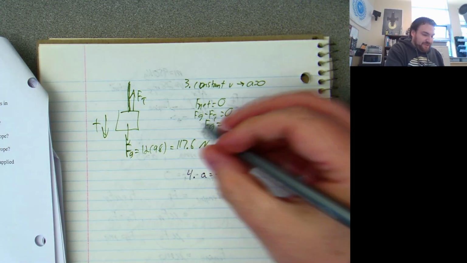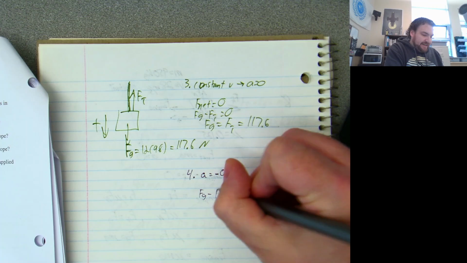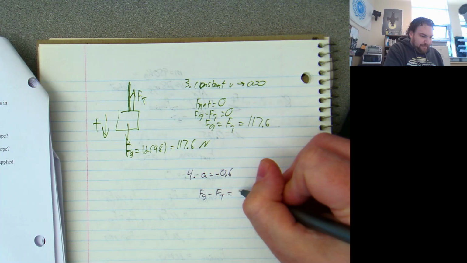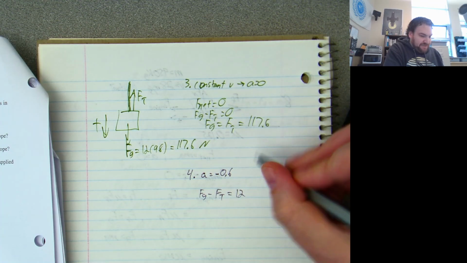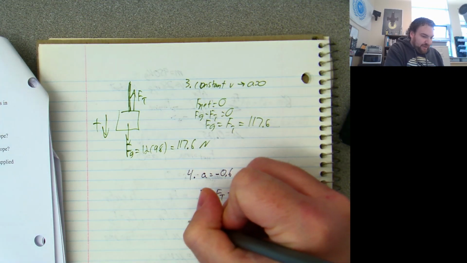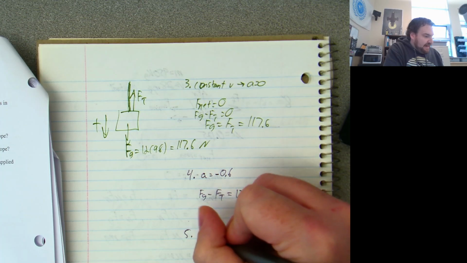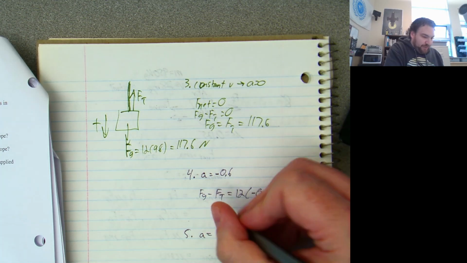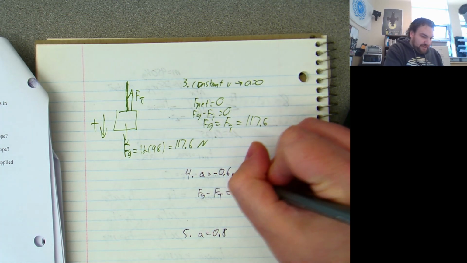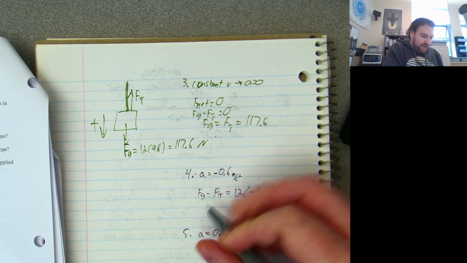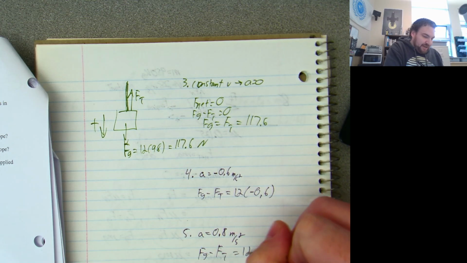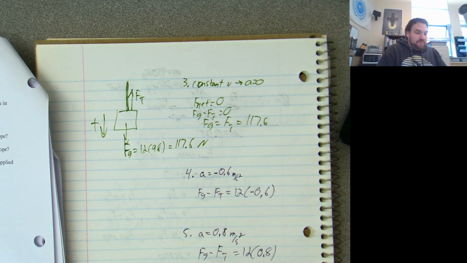So now the only difference here is that Fg minus Ft is going to equal 12 times negative 0.6. And then in question 5, the a is downwards now, 0.8. So it's going to be positive 0.8 meters per second squared. So I'm going to get Fg minus Ft equals 12 times positive 0.8.